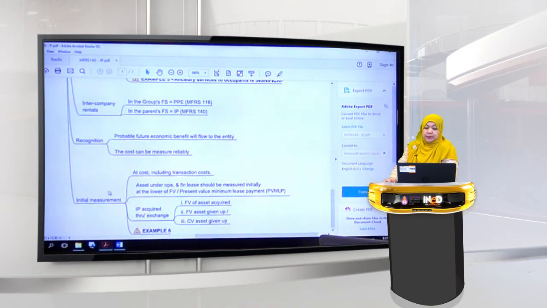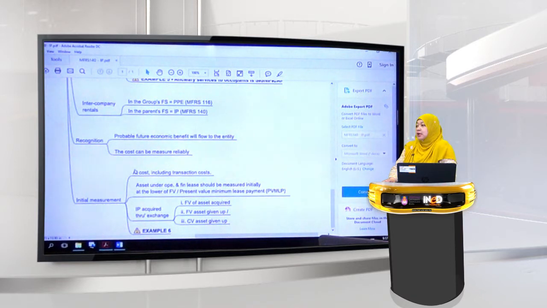Now we go to initial measurement, that is when we first acquire the investment property. How do we recognize the investment property? Alright, so similar to MFRS 116, property, plant and equipment, we should recognize the investment property at cost.